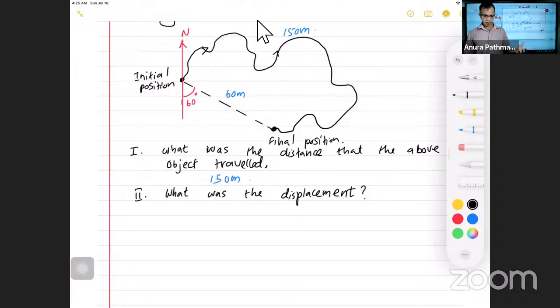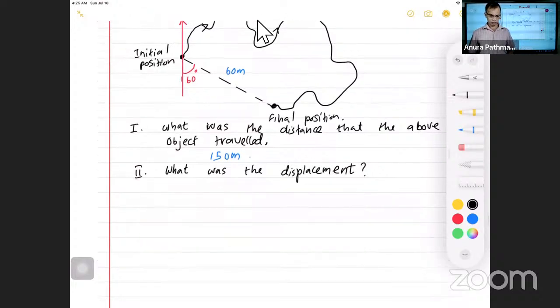Is it 60 meters? Yeah or no? What is the displacement? Was it 60 meters, or what should I consider when expressing the displacement?